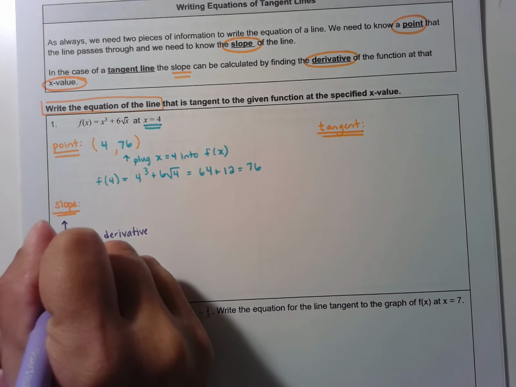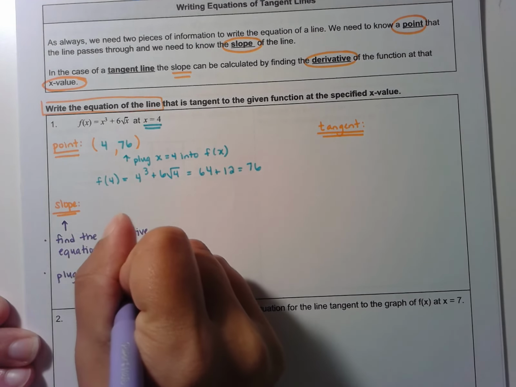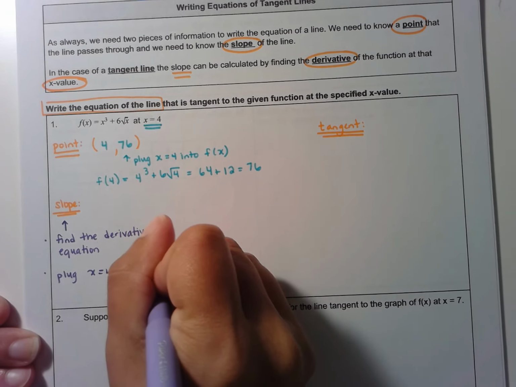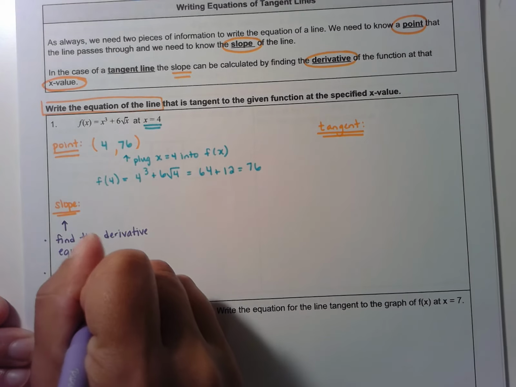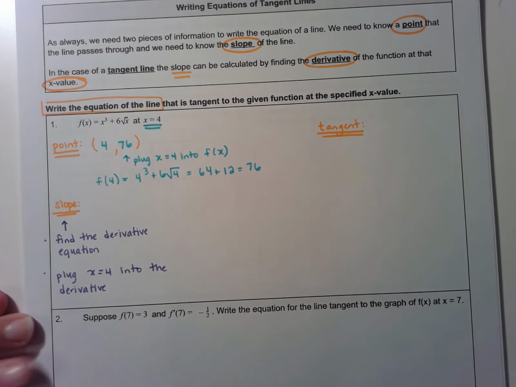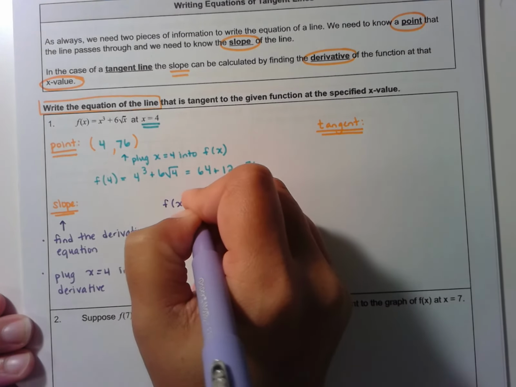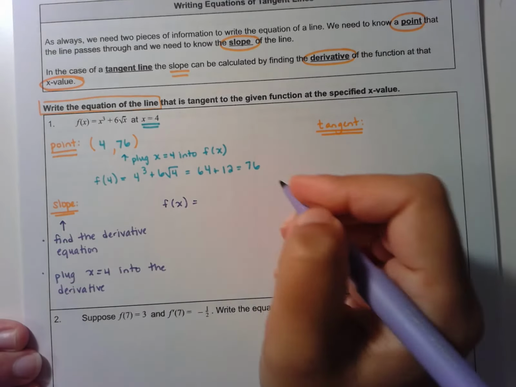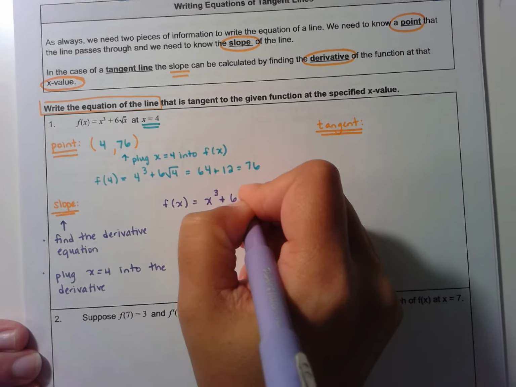And then I'm going to plug that same x value into the derivative. So step 1 here is going to be to find the derivative equation. Now it's going to be a little bit easier to find the derivative equation if I rewrite the original a little bit first. So instead of a square root, I'm going to rewrite this as x to the 1/2.